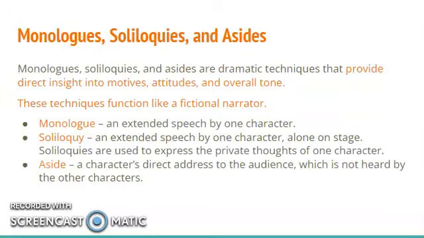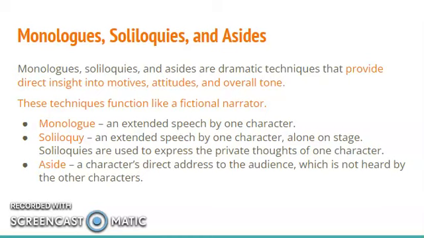So we don't have narrators, but we do have three things that function like fictional narrators. Those are monologues, soliloquies, and asides, which are dramatic techniques that provide direct insight into the motives, attitudes, and overall tone of the play. A monologue is an extended speech by one character.